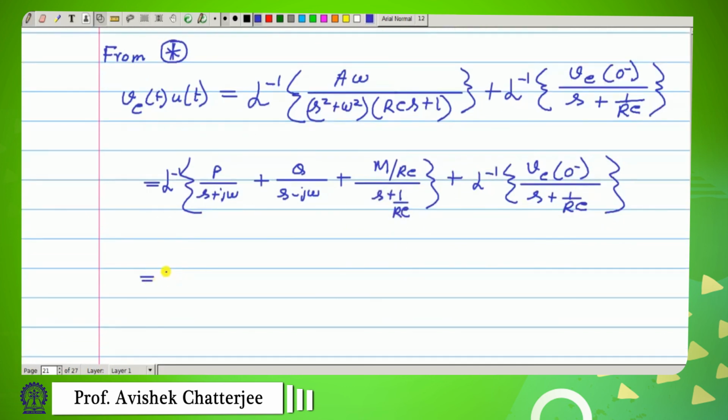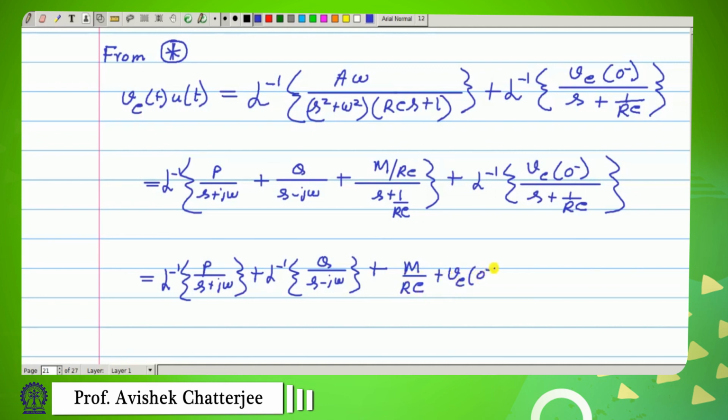So this is equal to Laplace inverse of p by (s plus j omega), then Laplace inverse of q by (s minus j omega), plus this term and this term I will write together as (m by RC plus Vc(0 minus)) and Laplace inverse of 1 over (s plus 1 by RC).